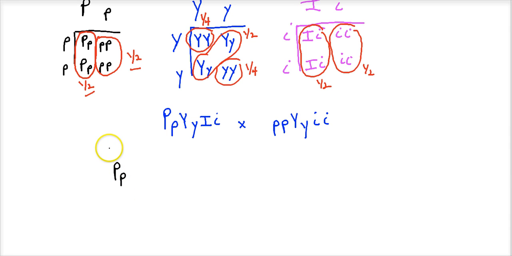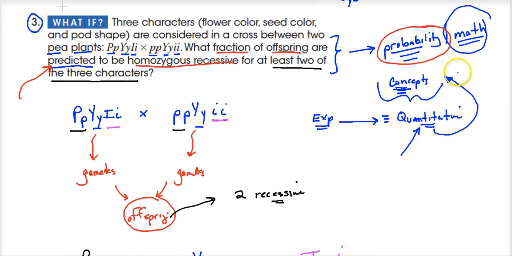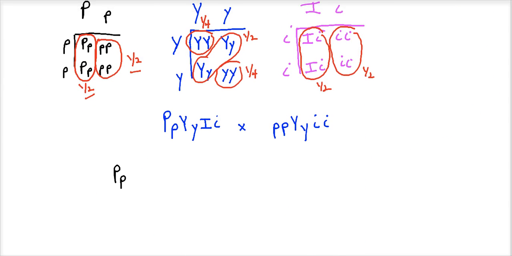Now, if this is going to be heterozygous, and I said to you in the problem, I want 2 out of the 3 to be homozygous recessive, then the only other combination that would work that I'm looking for would be little y, which is a possibility, and ii. You notice these have at least 2 homozygous recessive. That's what we're looking for. We're looking for combinations that have 2 homozygous recessive.